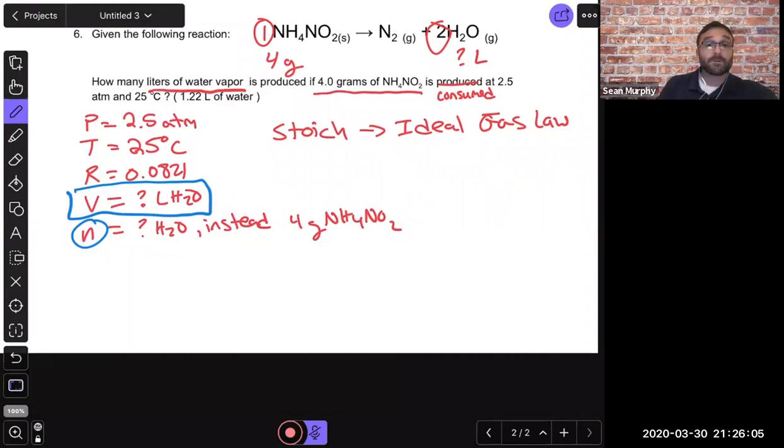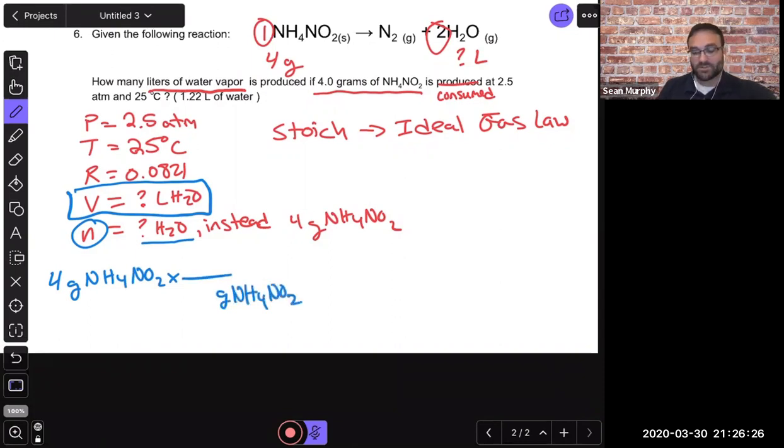So let's solve for n, the number of moles of water. That's what we're doing right now. So let's use our starting material, 4 grams of NH4NO2, grams on top, grams on the bottom. 2 nitrogens, that's 14 plus 14.